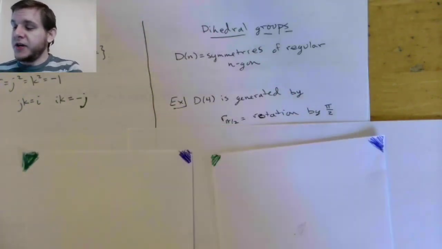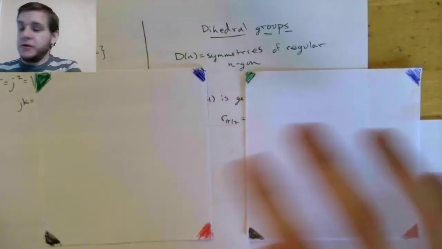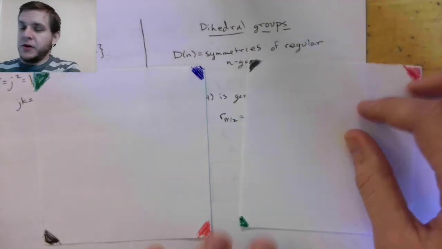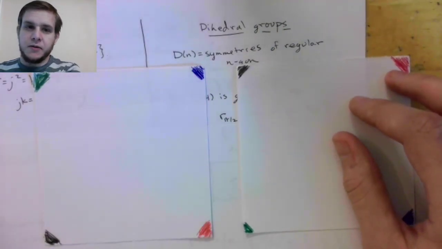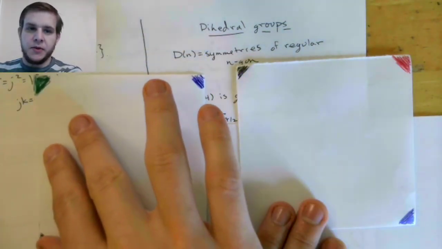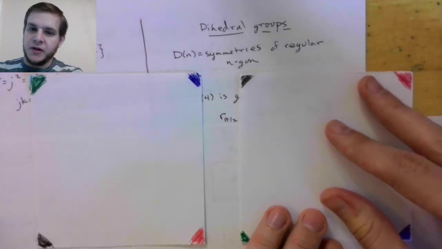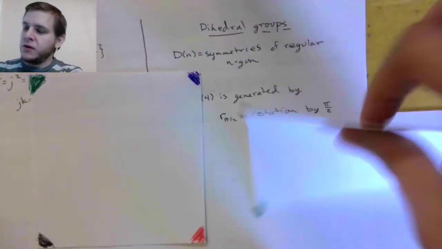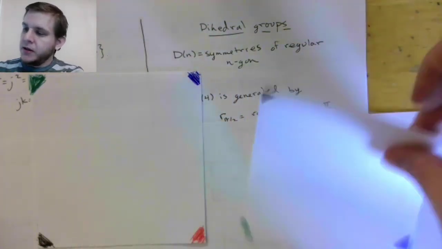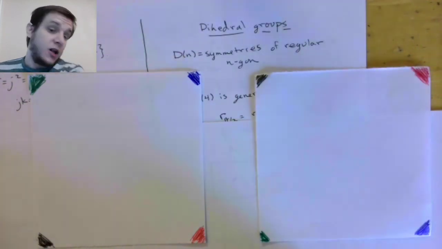What's another symmetry I can do? Well, I can take the square, pick it up, and flip it across its horizontal axis. Green goes to the bottom left, black goes to the top right, and these two also get flipped. Even though the top and bottom of the square got flipped, the total effect is to still have a square in the end.